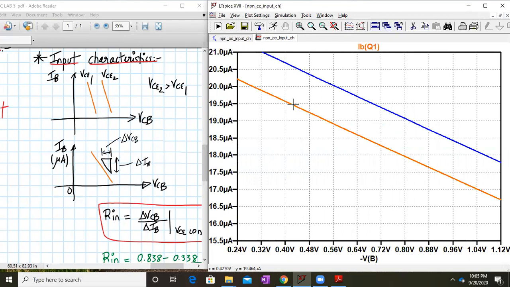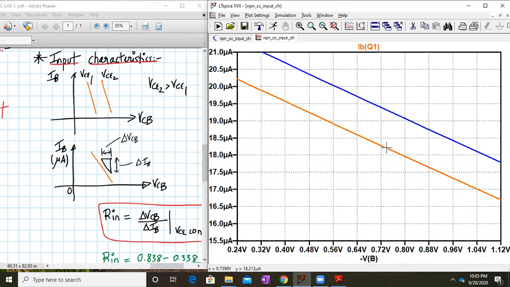So note down the values. VCB1 will be 0.42 and IB1 will be 19.46 microamperes. Now you go to another point. This will be your VCB2, which will be 0.73 volt, and your IB2, which will be 18.2 microamperes.